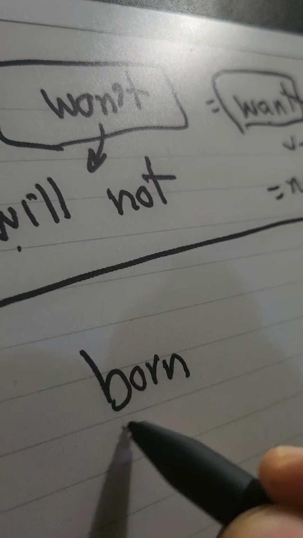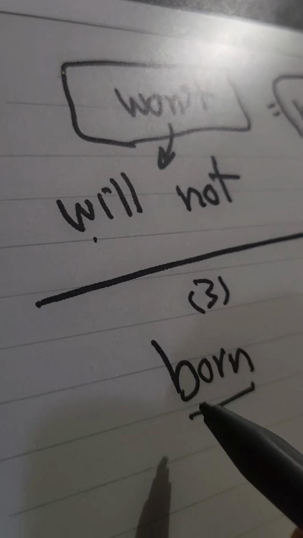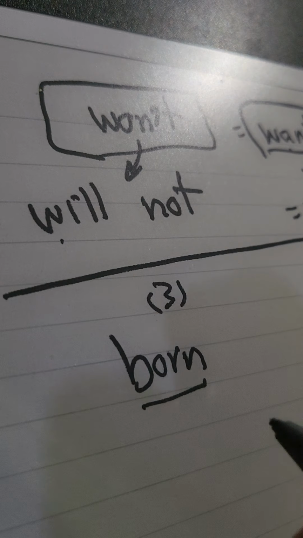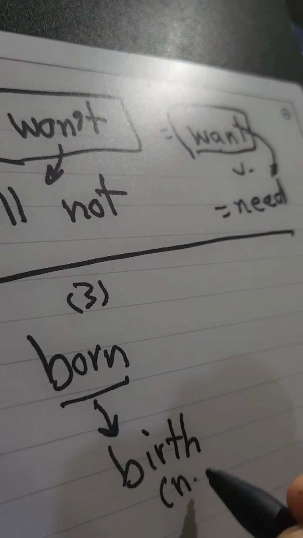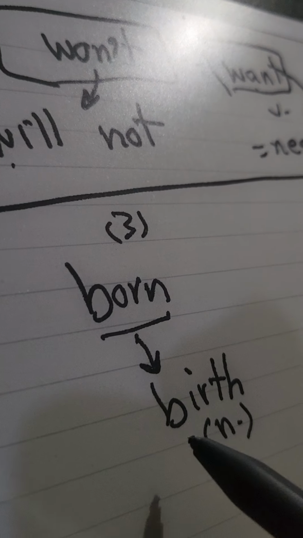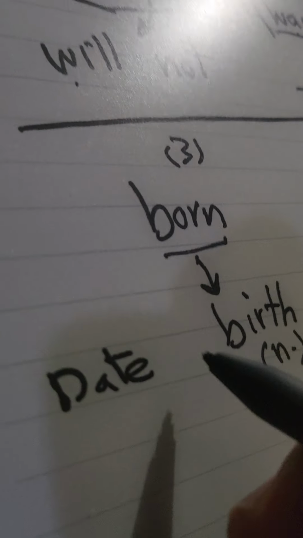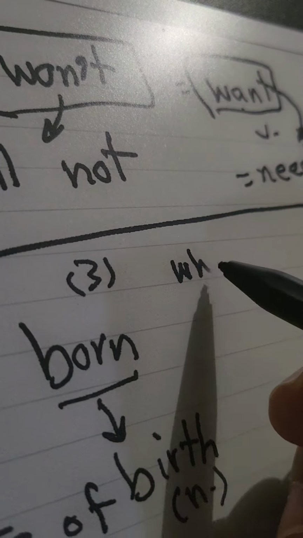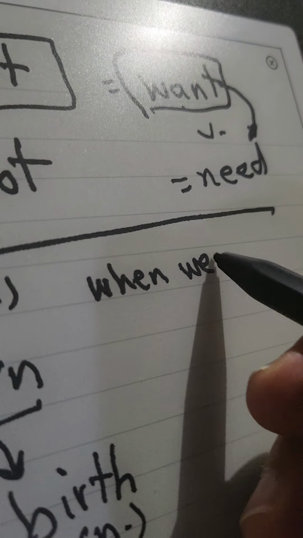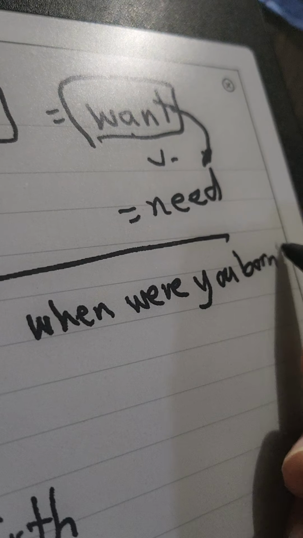The last part is about this verb, born, the third form. If you want to talk about your birth, the noun is birth. If you want to talk about date of birth, I say, when were you born?